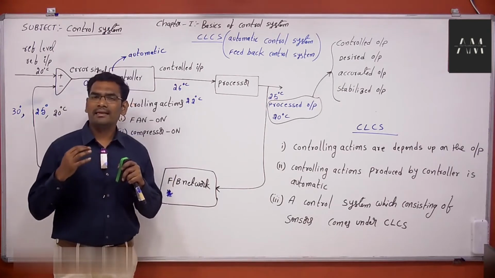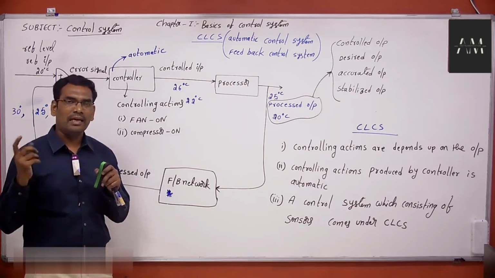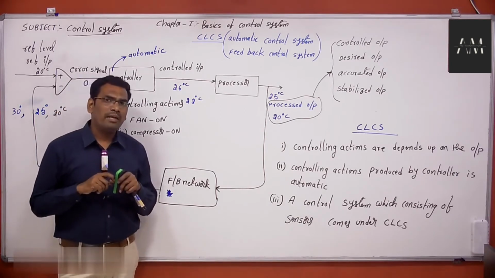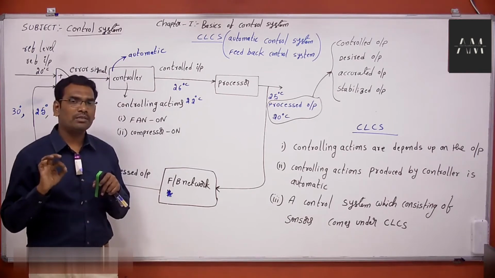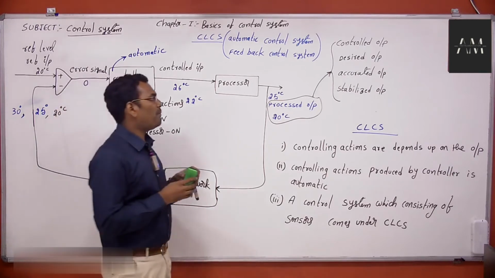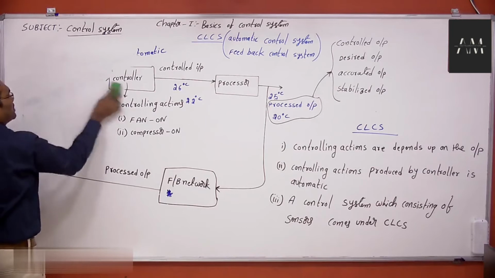You can understand the complete behavior of the system once mathematical relations are available with you. That complete mathematical relation is given by a mathematical tool called transfer function analysis.